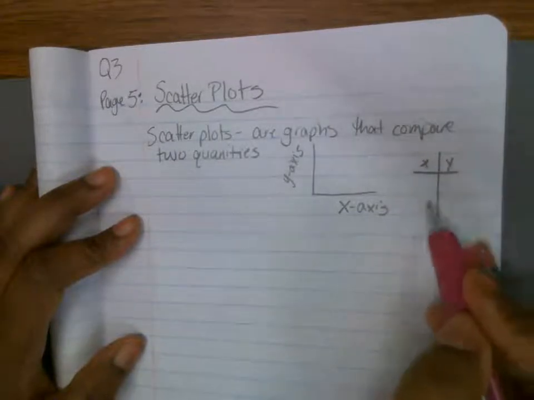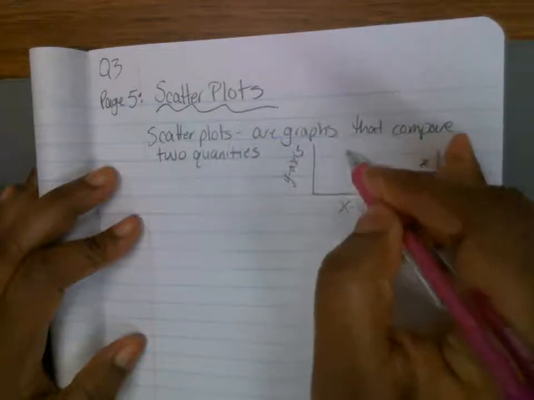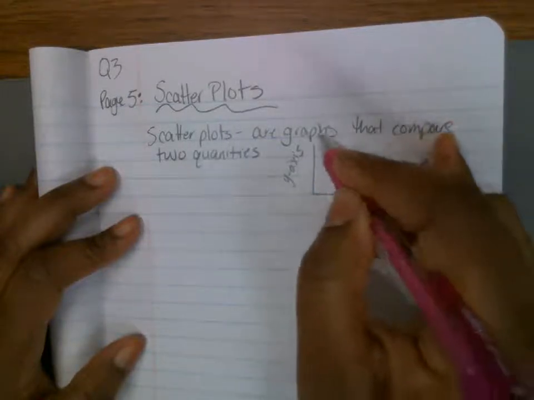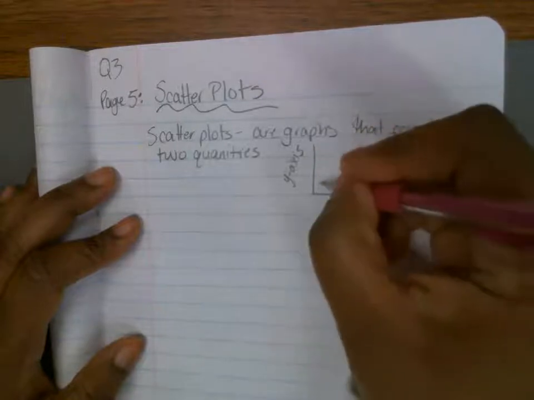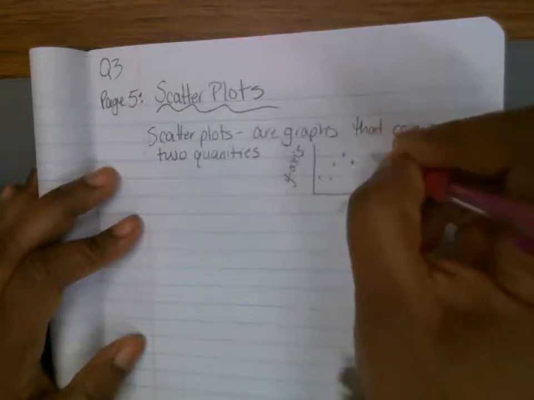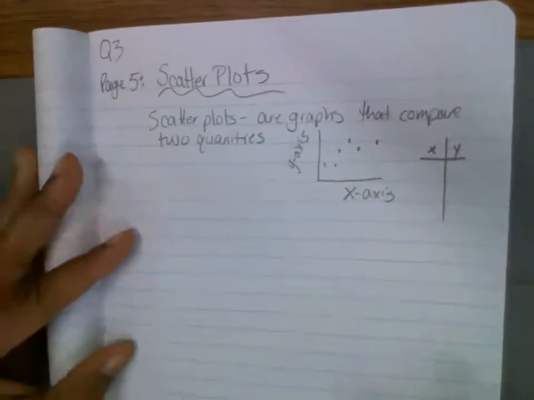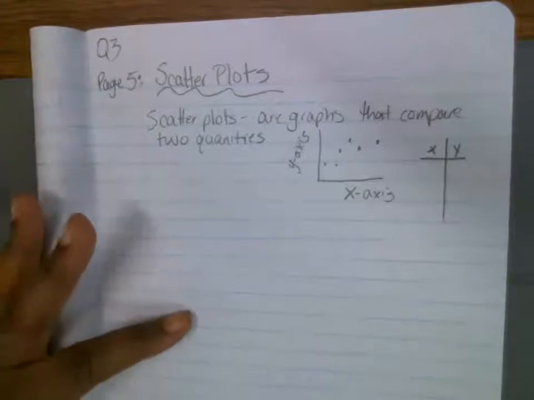We take these points from the table and we graph them on a coordinate plane. We usually use that first quadrant, and in our scatter plots, the points that we graph do not have to form a straight line. In most cases, it's not a straight line.